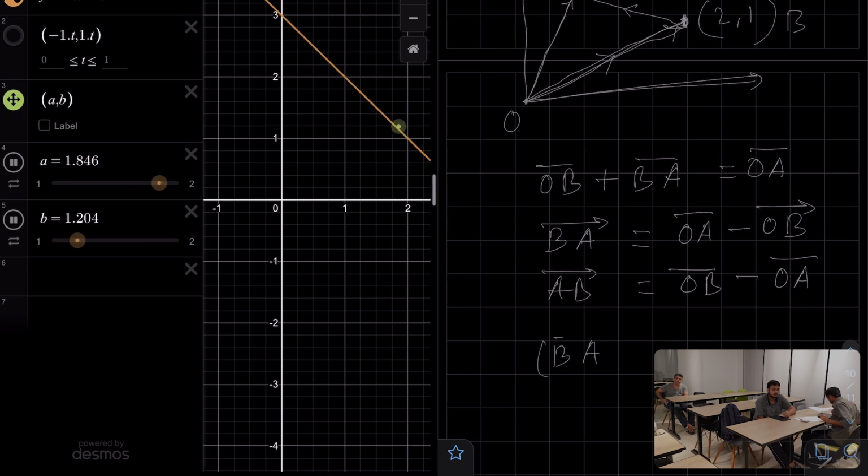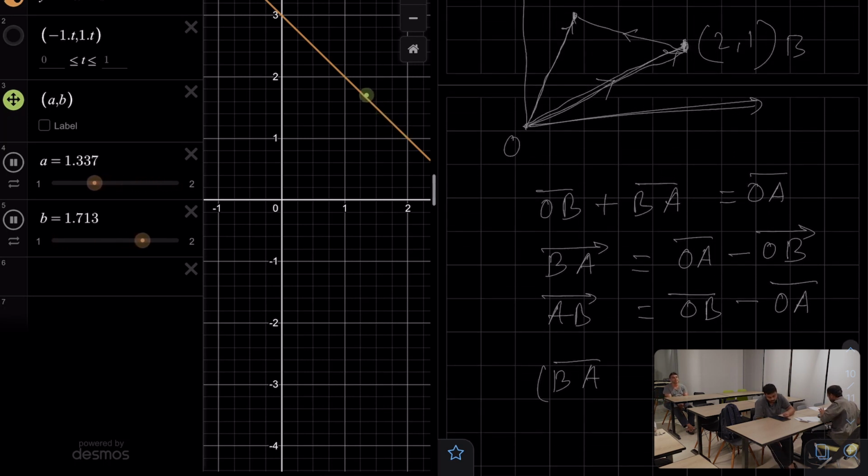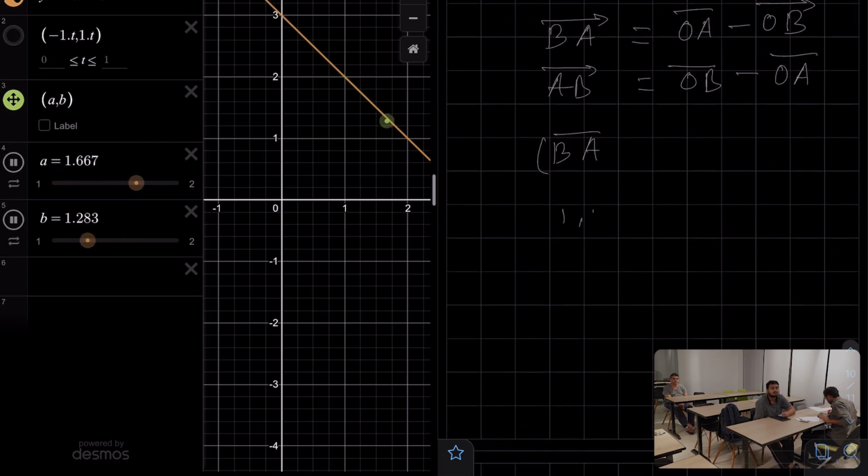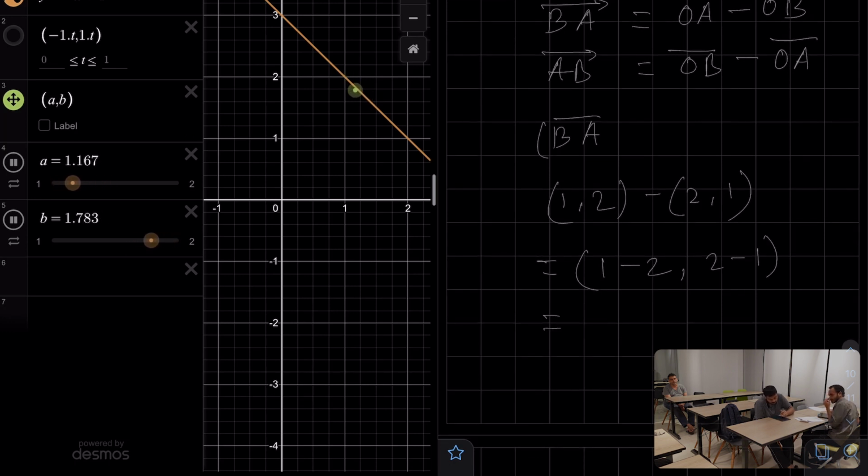If I just consider the coordinates, then this is 1 comma 2 minus 2 comma 1, right? Then this is 1 minus 2 comma 2 minus 1, and this is minus 1 comma 1, right?